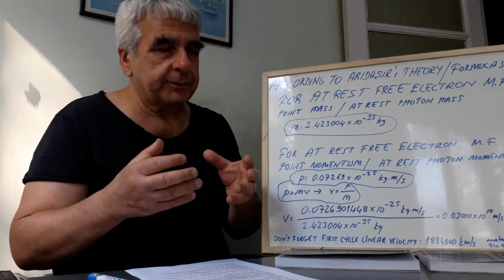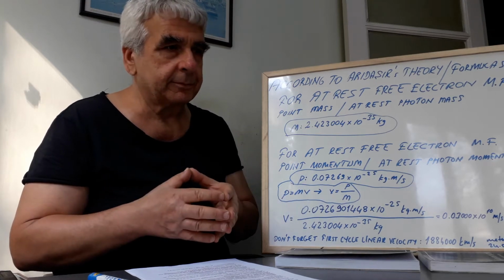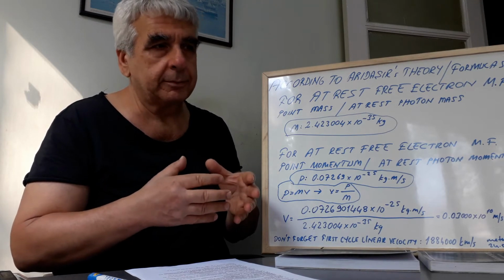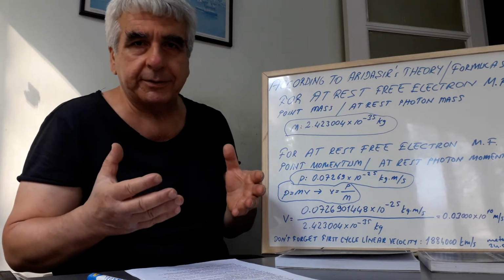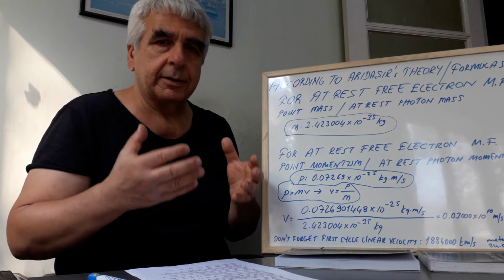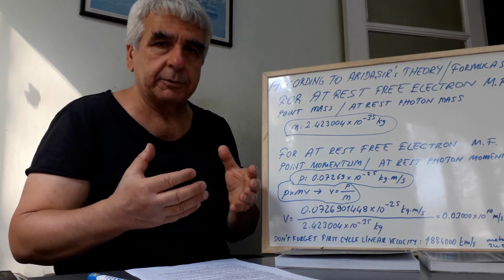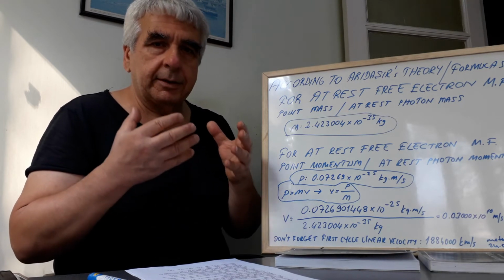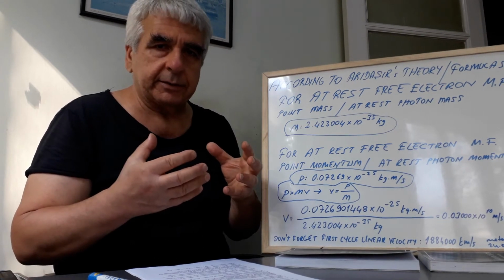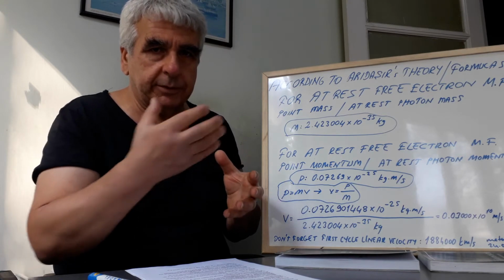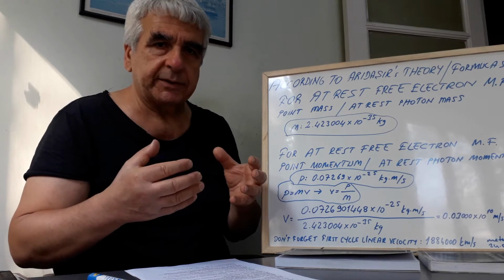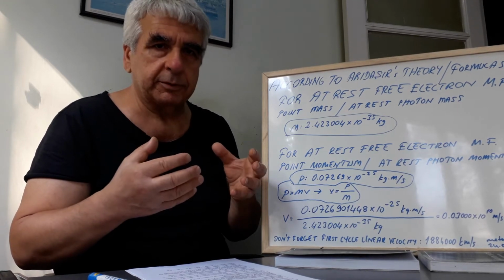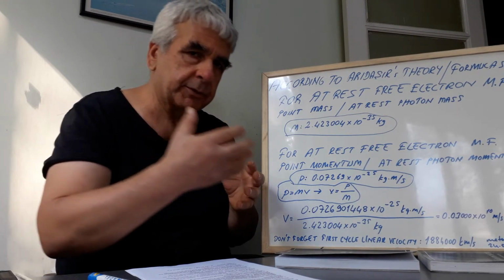For an at rest photon or an in motion photon, no mass. But according to my theory and my formulas, the at rest free electron motion form that I put for the theory has point mass and point momentum, whether it is in motion or not.